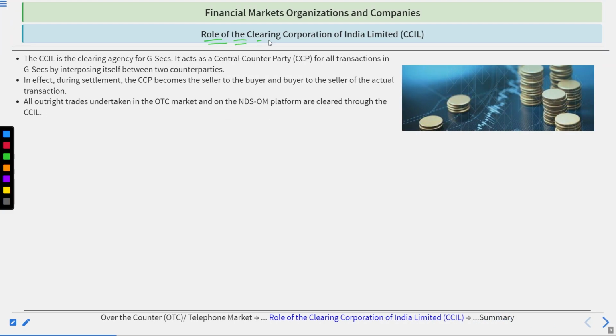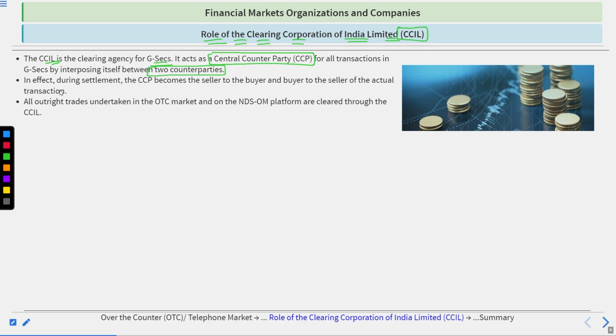Now the role of the Clearing Corporation of India Limited, CCIL. The CCIL is the clearing agency for GSEC, or government securities. It acts as a central counterparty, or CCP, for all transactions in the GSEC by interposing itself between the two counterparties.